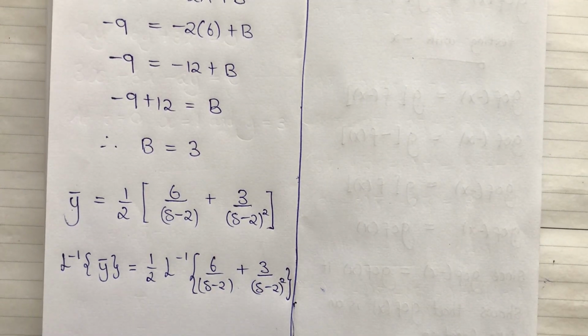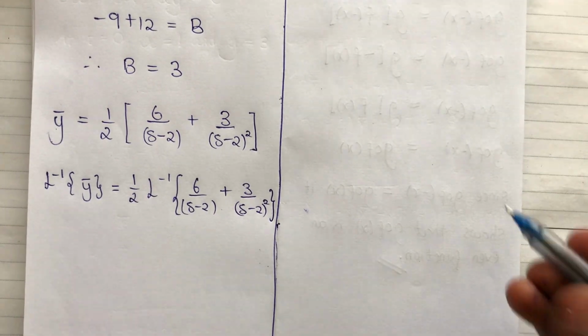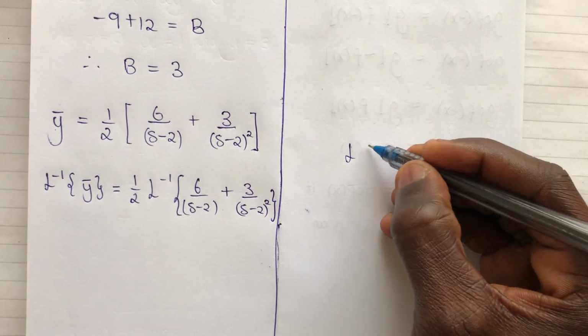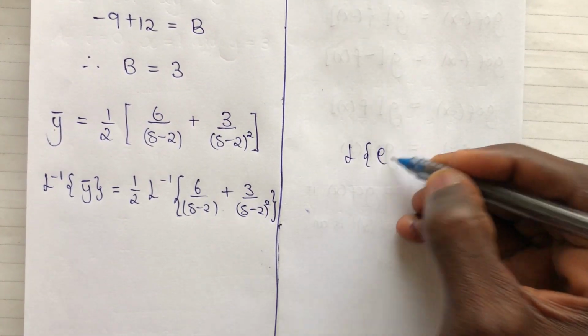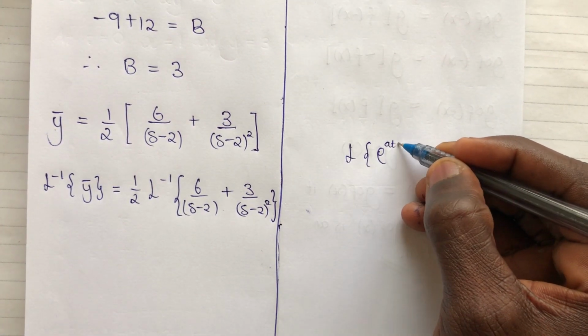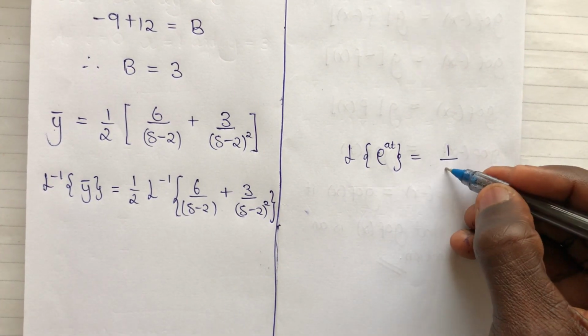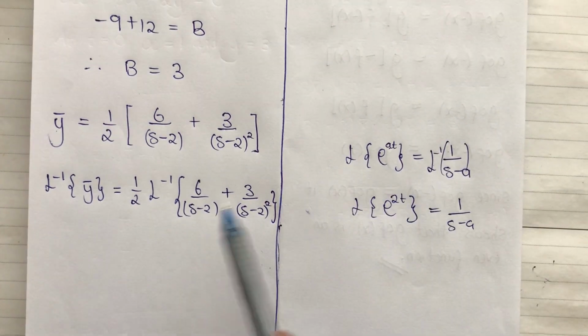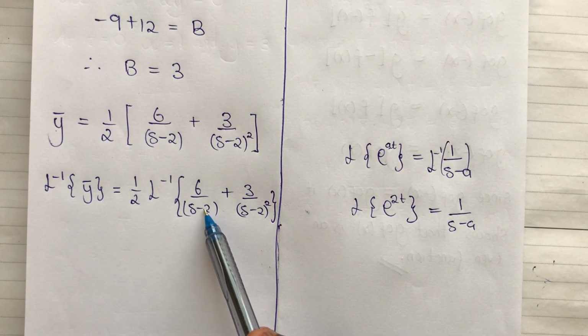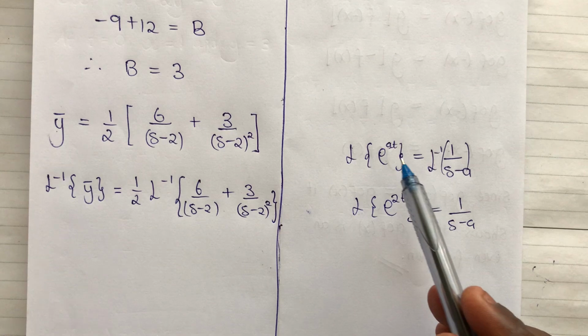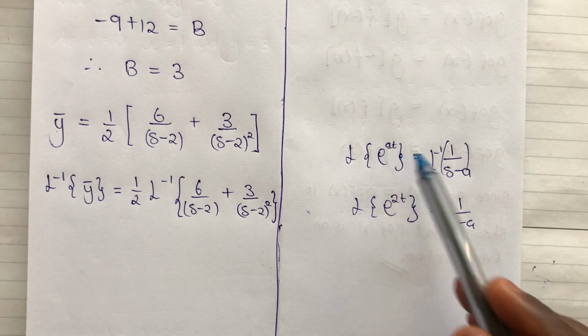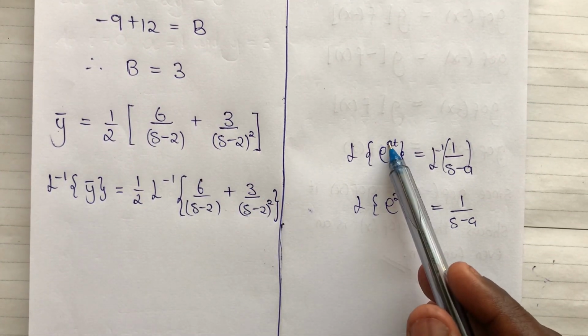For this 1 over 2, once we get the answer, we use it to multiply. Previously, I told you that the Laplace transform of the exponential function e to the power at equals what? 1 over s minus a. So we are having s minus 2, so this 2 becomes our a.